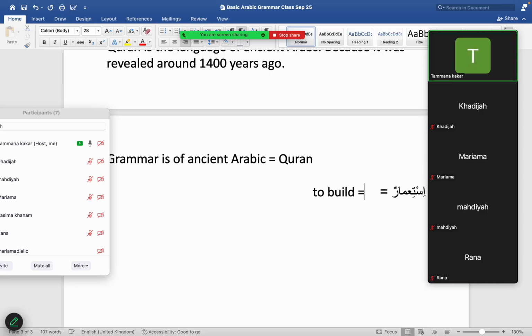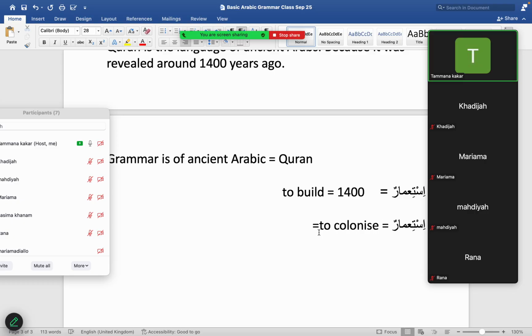When did it mean to build? 1400 years ago, right? Now the same word, in today's Arabic, means to colonize.